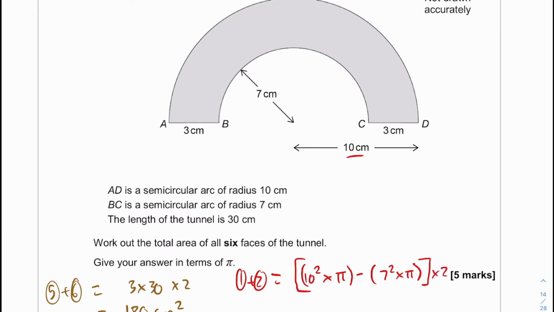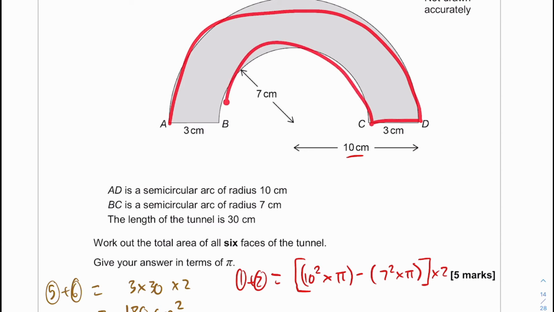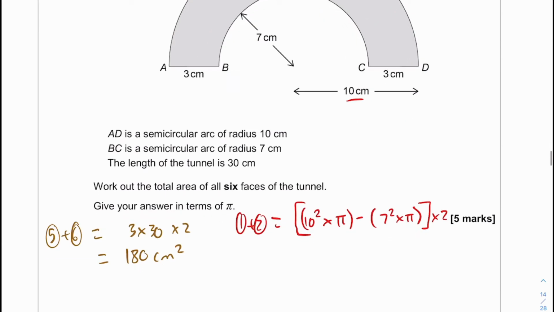But then remember, at the same time, we've only got half of the circle, we've only got a semicircle, so we also need to divide our answer by 2. So in fact, what we can do is just cancel out the 2 2's. So when we work this out, we get 100 pi take away 49 pi, which is equal to 51 pi centimetres squared, and that is the area of 1 and 2 combined.